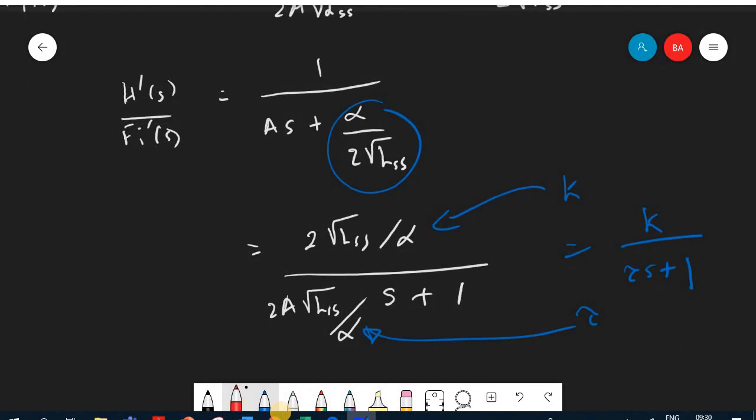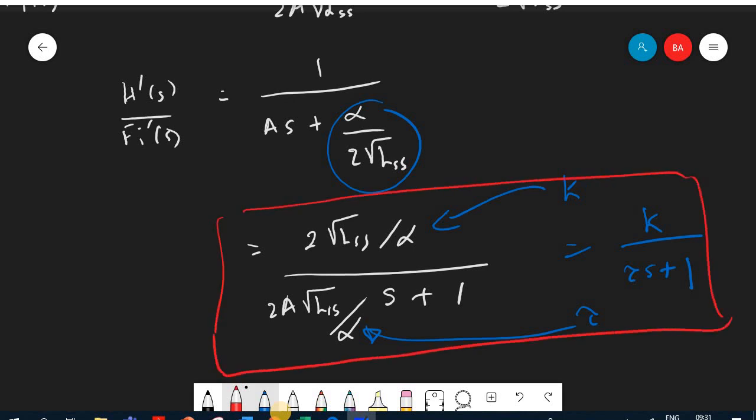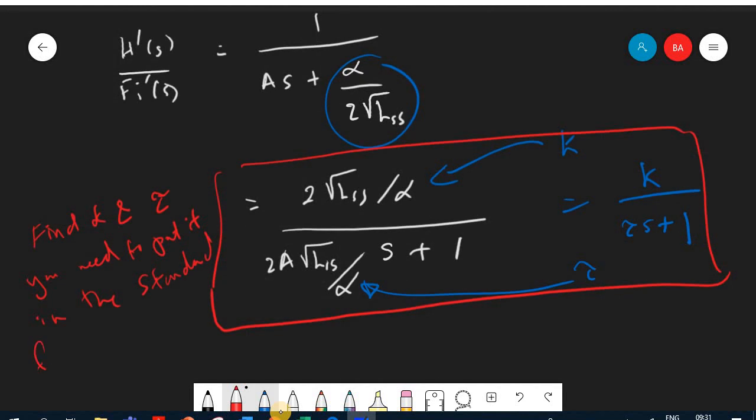You need to keep it in the final shape if we are requested to find k and tau. When we say find k and tau, you need to put it in the standard form of the transfer function.